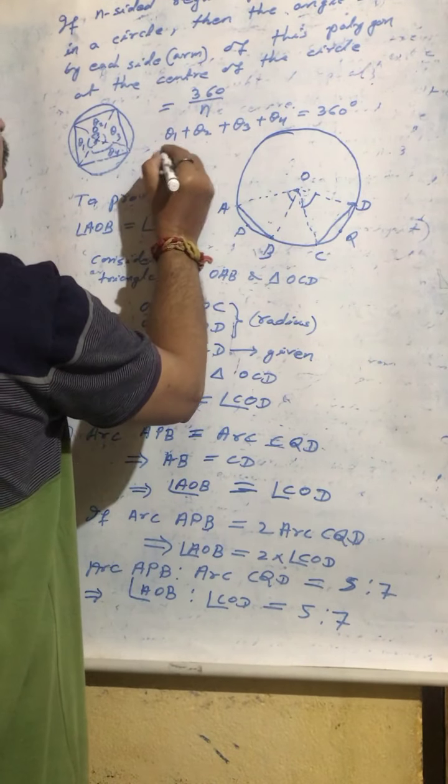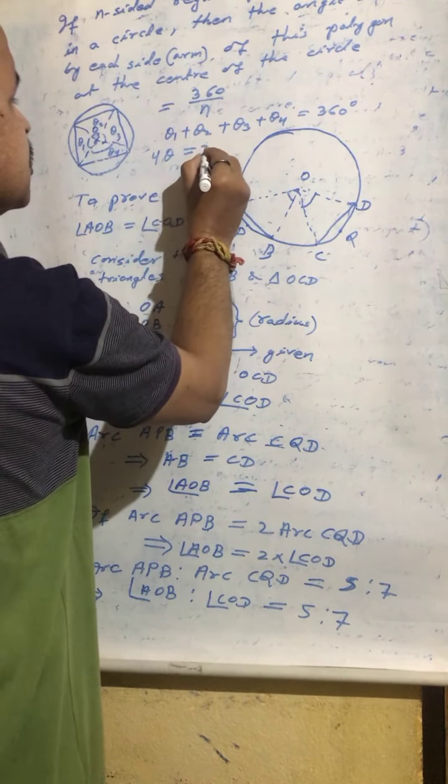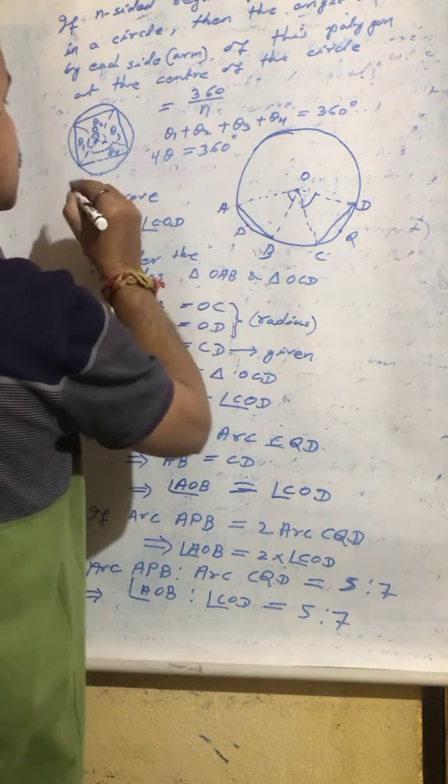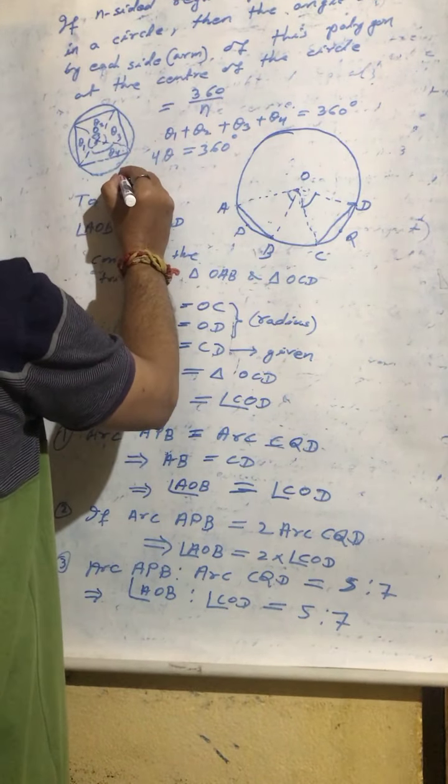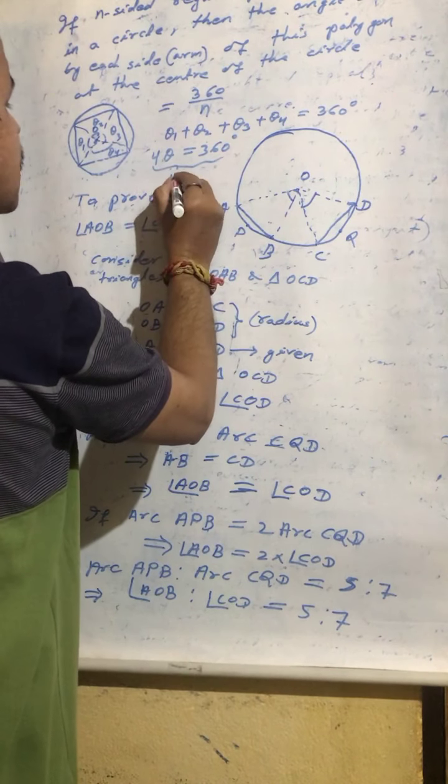So 4 theta equals 360. This is for a 4-sided polygon.